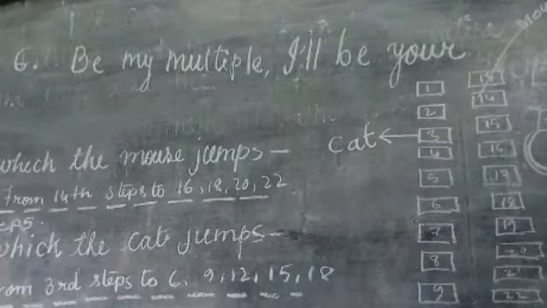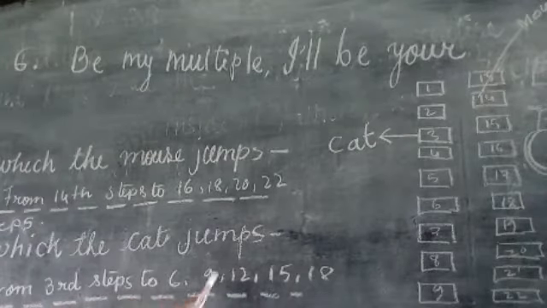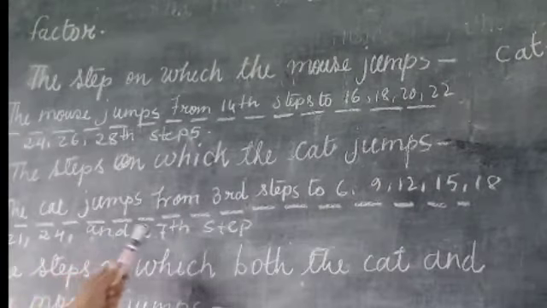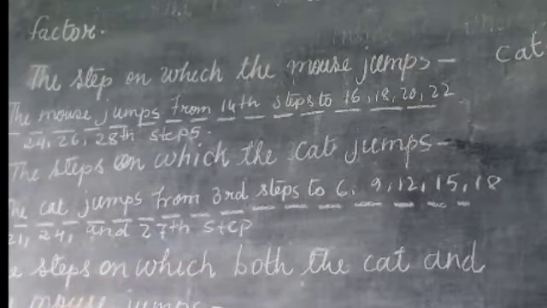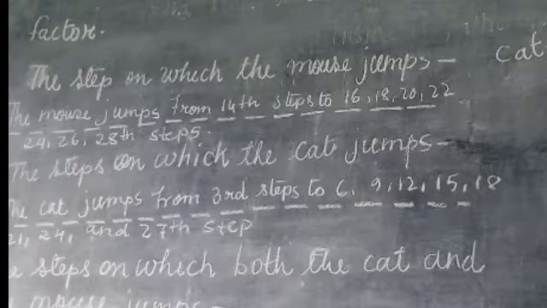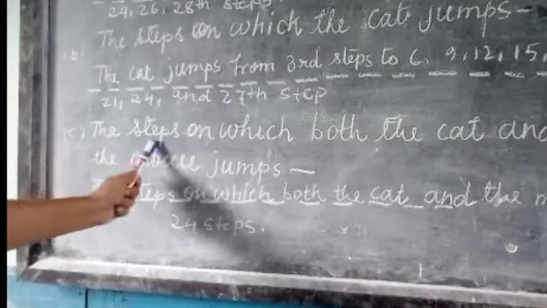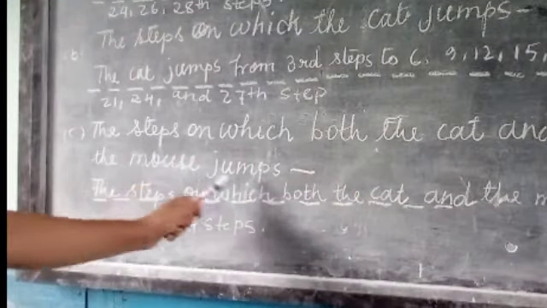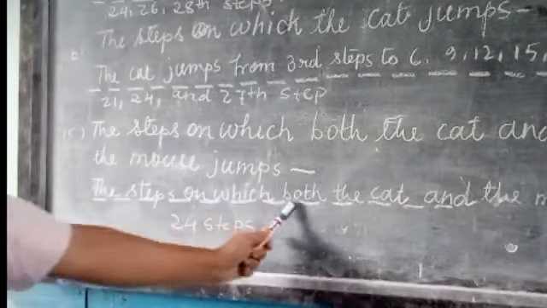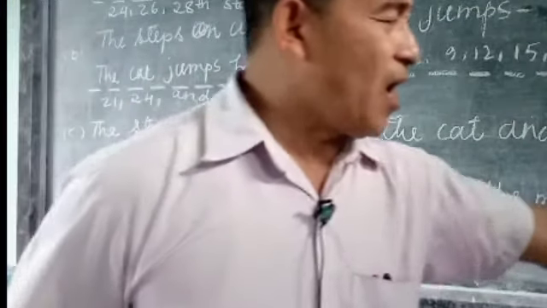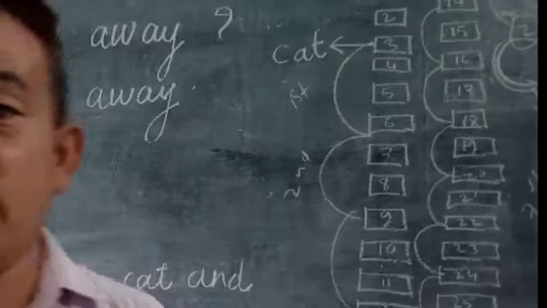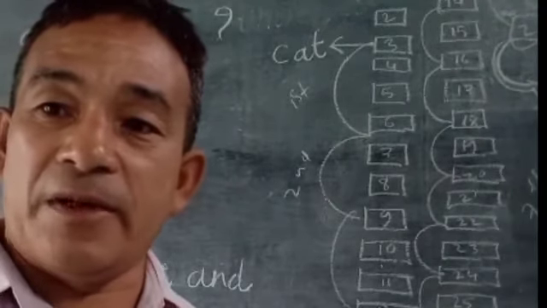Therefore I have written here that the cat jumps from the 3rd step to 6, 9, 12, 15, 18, 21, 24 and 27. Now the steps on which both the cat and the mouse jump are 18 and 24. Now let's go to the next topic.